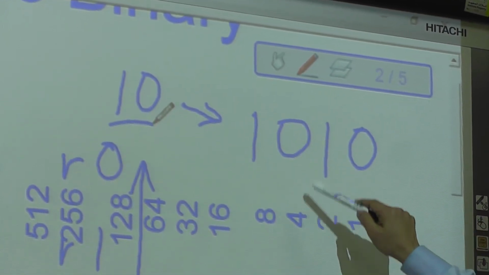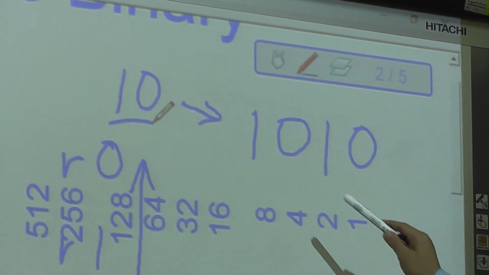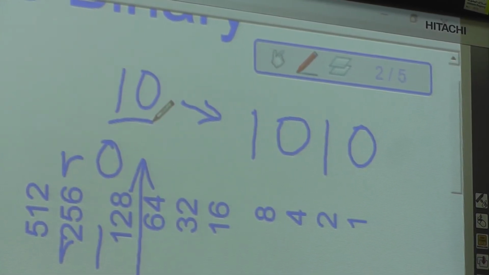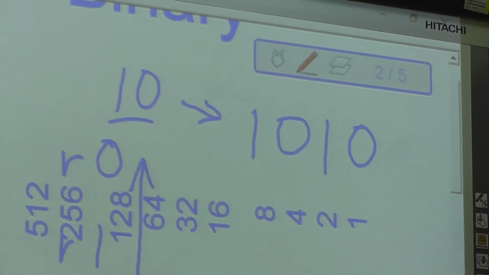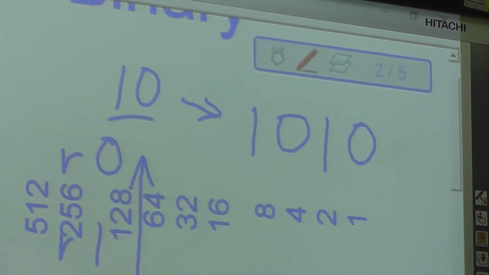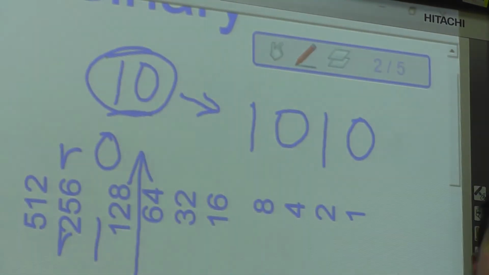If the 4 has 0 here, there's no value. That means only 8 and 2 have value. So if it is 8, then 2, what is the total? It is 10. So our answer is correct.